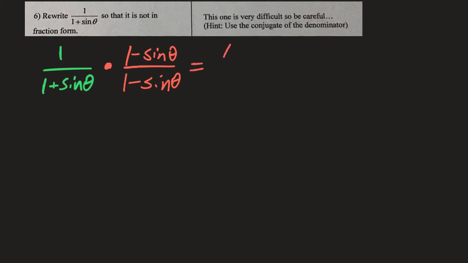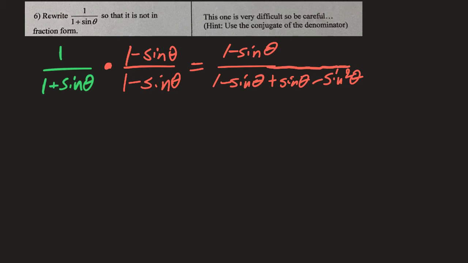So currently on top, I've got 1 minus sine theta over the bottom is going to be 1 times 1, 1, 1 times minus sine theta, then we've got plus sine theta. Okay, and the last one is going to be minus sine squared of theta.